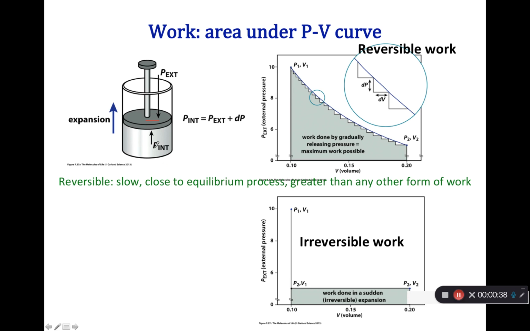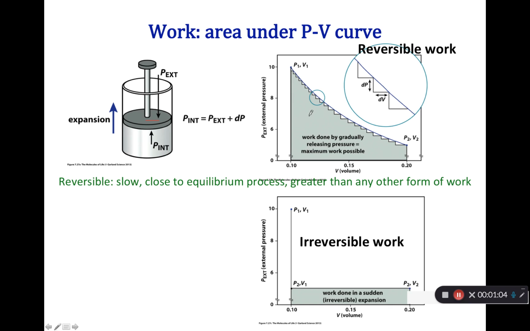When you are expanding the gas reversibly, you make sure that the external pressure is just a little bit higher than the internal pressure. So in this pressure volume curve, you're plotting P external, which is almost always equal to the internal pressure. The internal pressure must be a little bit higher than the external pressure so that the piston can expand.